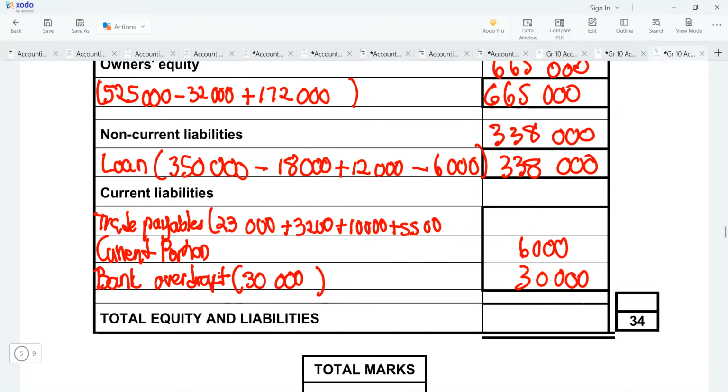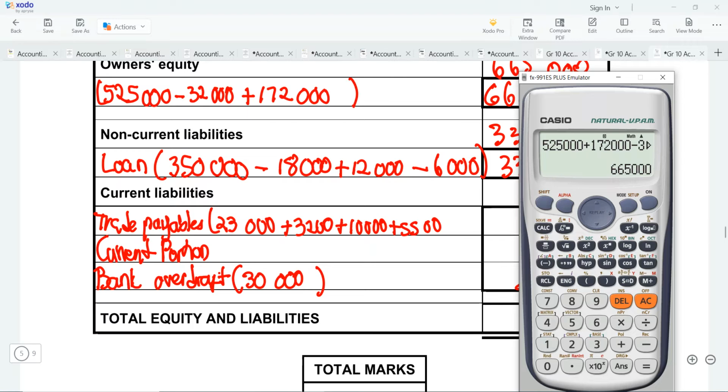So if we say 23,000 plus 3,200, and then plus 10,000, and then plus 5,500 is going to tell us how much we are going to have, which is 41,700.